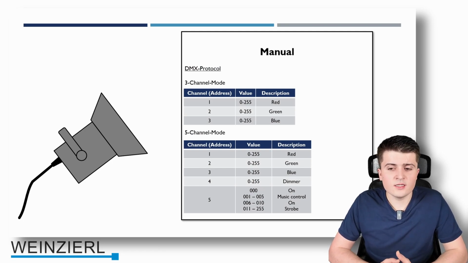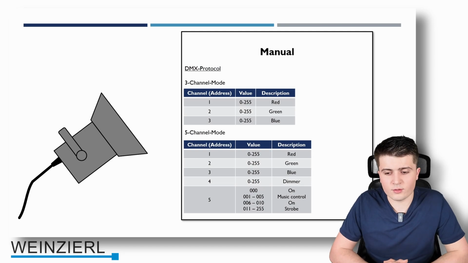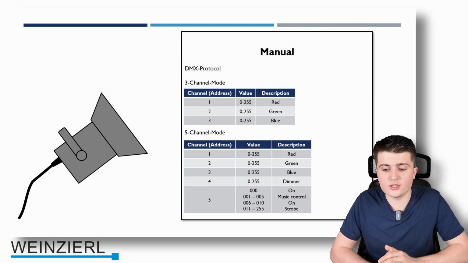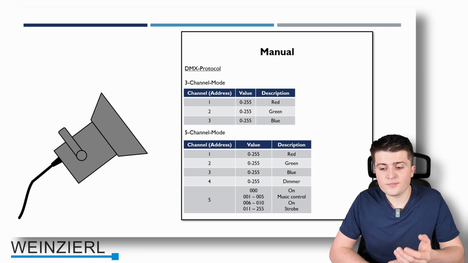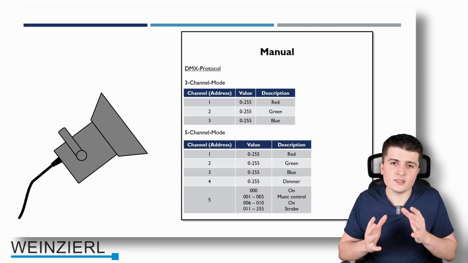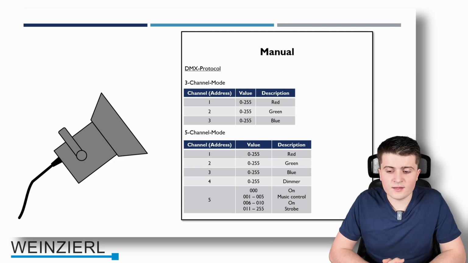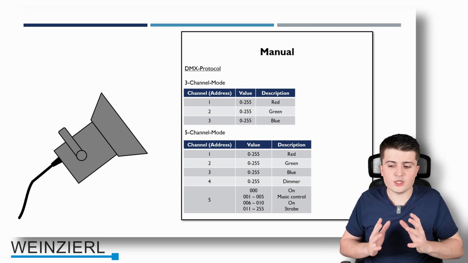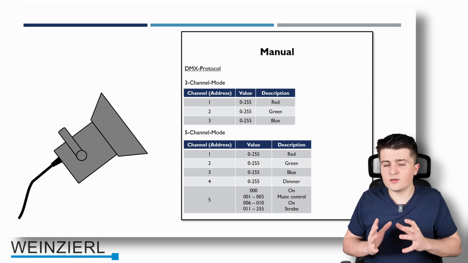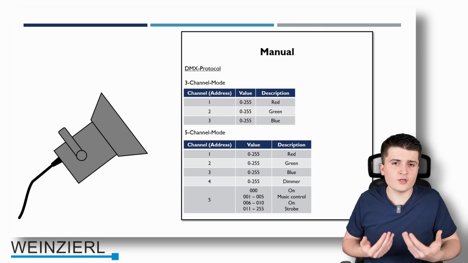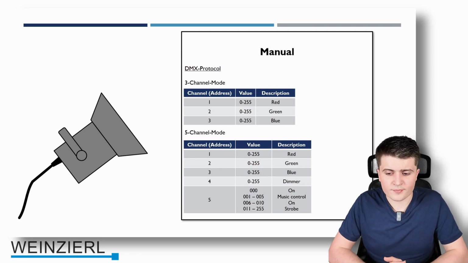Besides that, the device here also supports a 5-channel mode. And in this 5-channel mode we can see that we have 2 additional addresses, the addresses 4 and 5. In this case the address 4 is used for the dimming value itself. And then the address 5 is sort of a special case, because here you can see that different values are for different effects, let's say it this way.